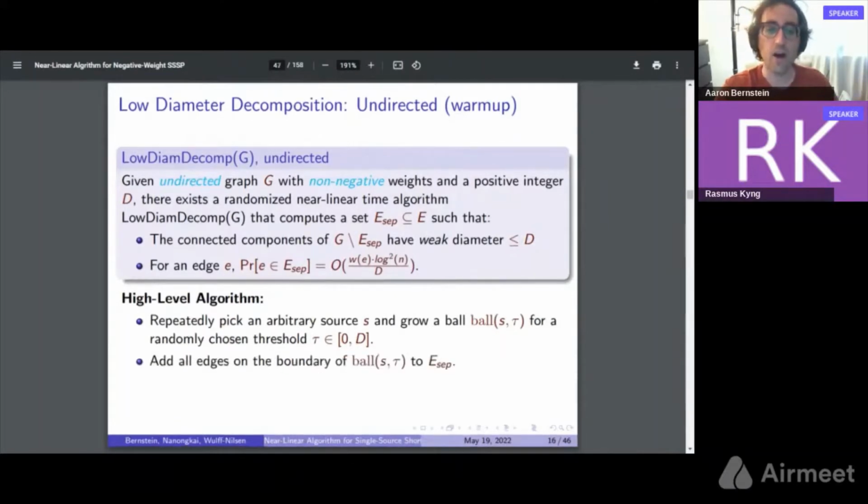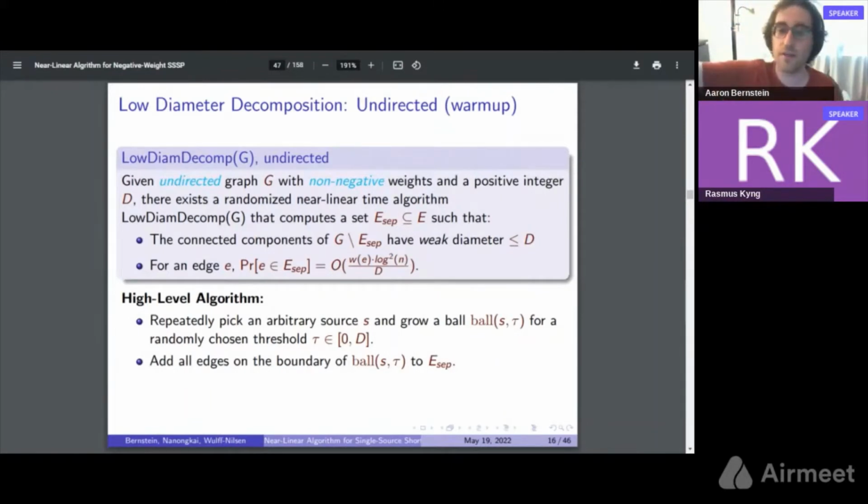And then all of the edges on the boundary, the edges between vertices at distance about tau and the next distance, all become separator edges. And so once you add those separator edges, you're disconnecting this ball. And that ball has small diameter, so that's fine. That becomes one of your small diameter connected components.